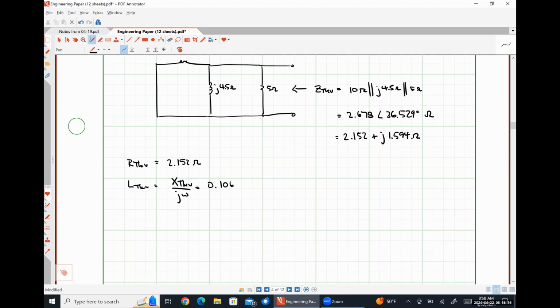And that would be volts over amps divided by radians per second. So let's just look at the units there. Volt over amp divided by radians per second is a volt second per ampere, which is nothing more than a Henry. So 0.106.